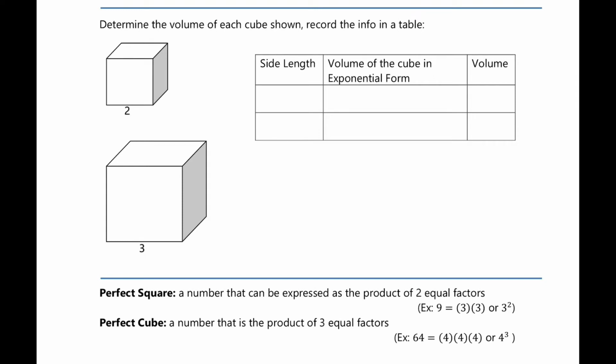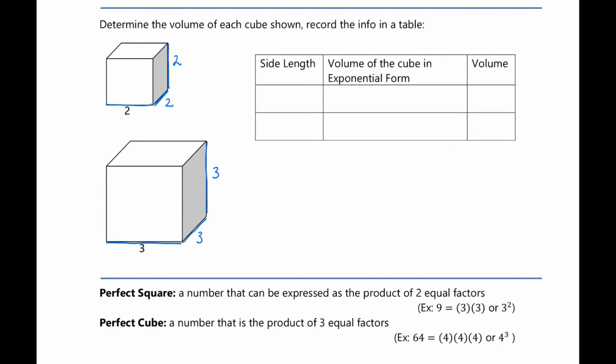So if we are given that this side is 2, then this side here is also 2, and this side has to equal 2 as well. Let's go over this one first. If this length is 3, then this length has to be 3, and the height has to be 3 as well.